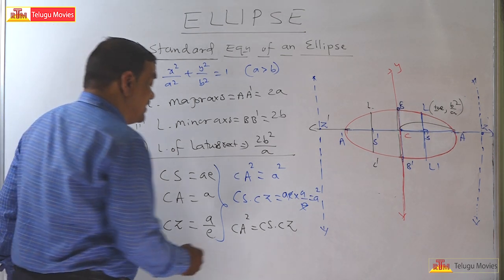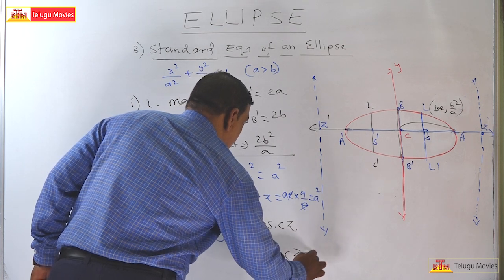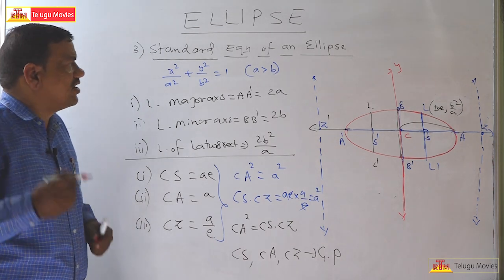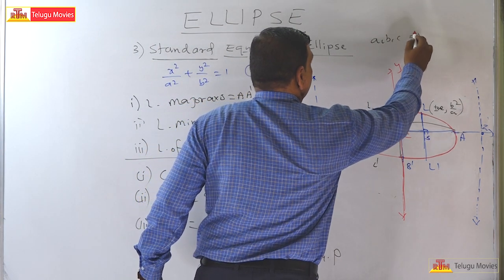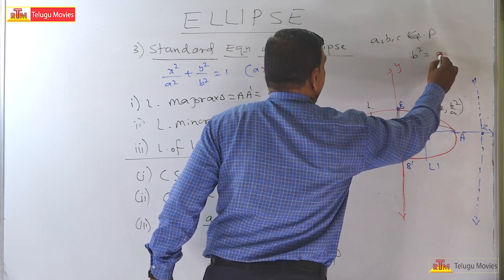From this we can say that CS, CA, CZ are in geometric progression. We already know one concept: if A, B, C are in GP, geometric progression, then B square is equal to AC.